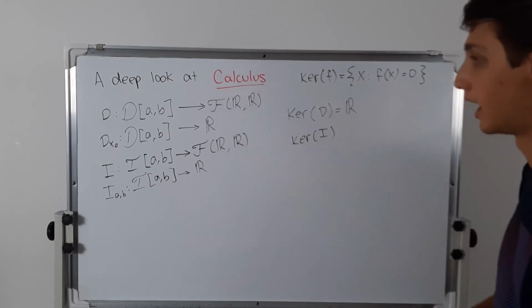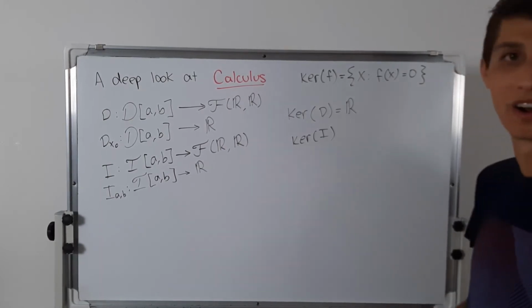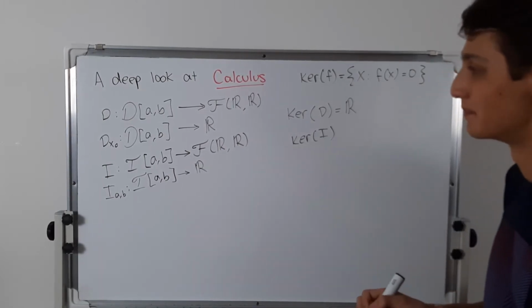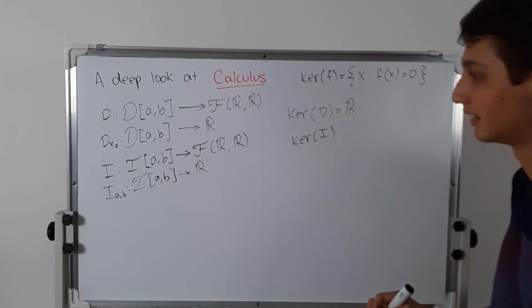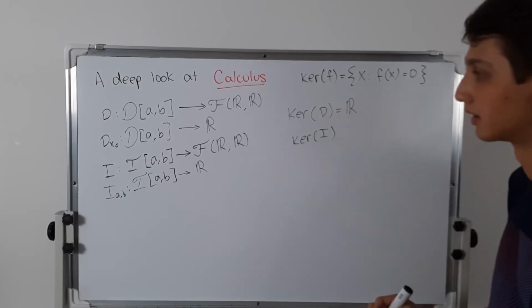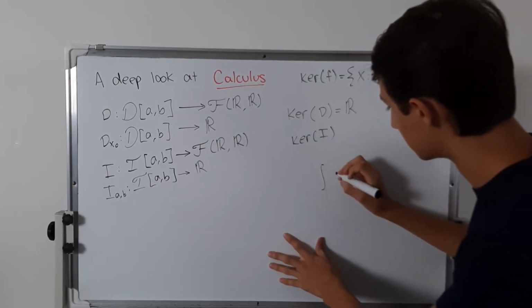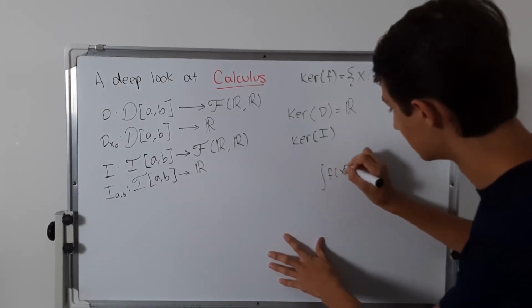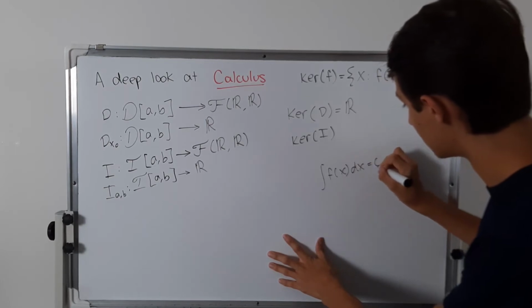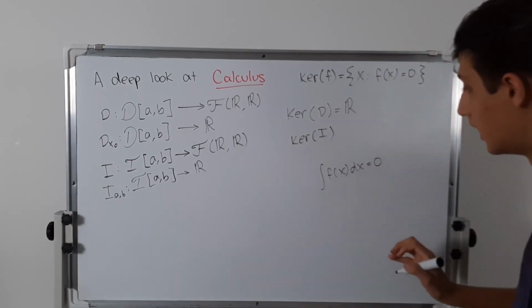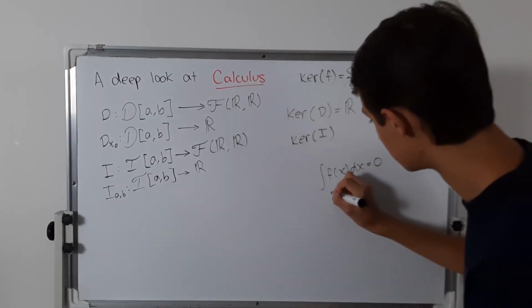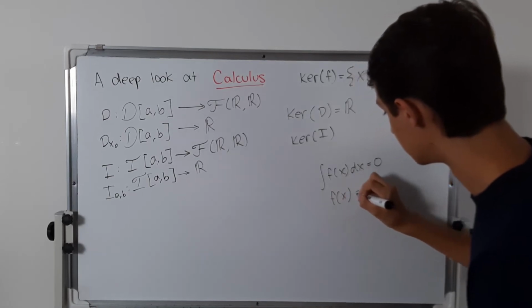So the kernel of I, well, this is hard, because if we want to try to find it, we can see the integral of f of x dx, when is that equal to 0? Well, we can take the derivative of both sides and we get f of x is equal to 0.